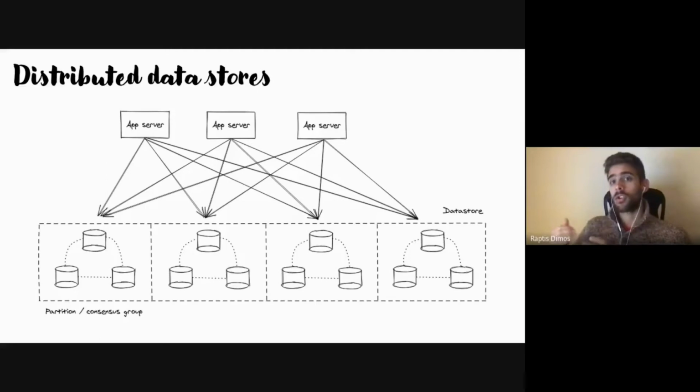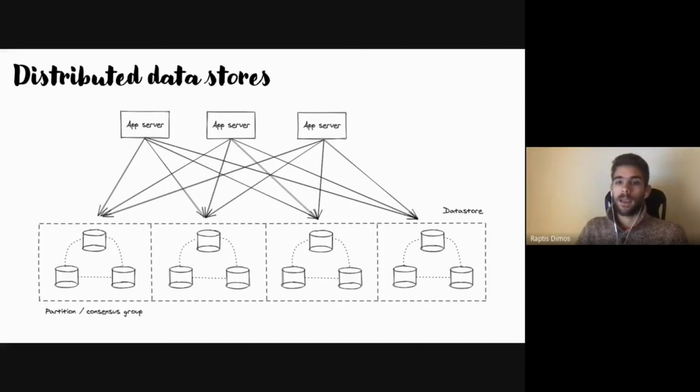Other data stores choose to provide more elaborate operations. For example, you can access multiple items, or you can also do operations across partitions. Some data stores even decide to give transactional guarantees for operations across partitions. And to do that, they need, of course, as I said, to introduce coordination. So one well-known protocol for that is known as the two-phase commit for doing transactions across different partitions.